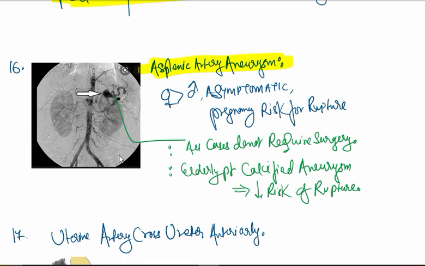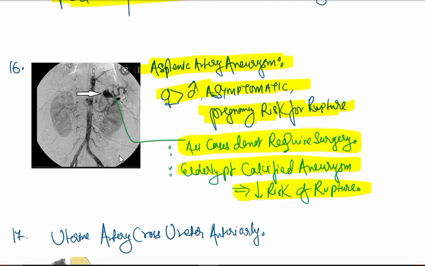This is more common in females than males, and the patient is usually asymptomatic, and pregnancy is a risk factor for rupture. All cases do not require surgery. And in elderly patients with calcified aneurysms, there is decreased risk of rupture.